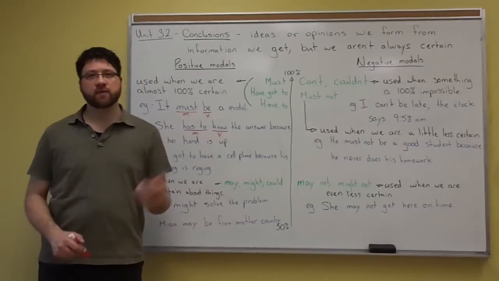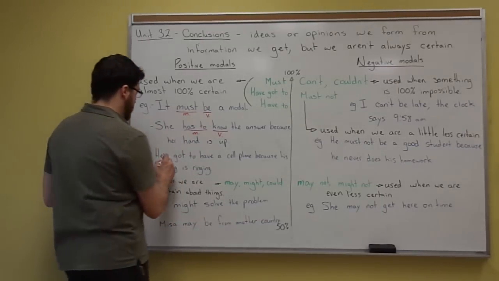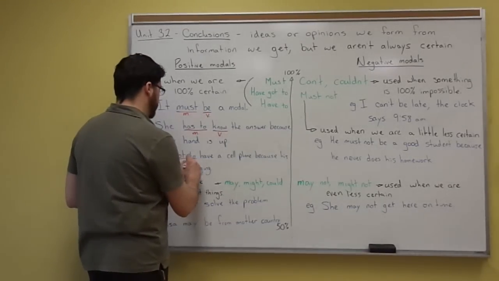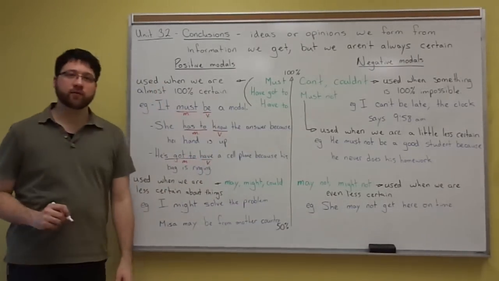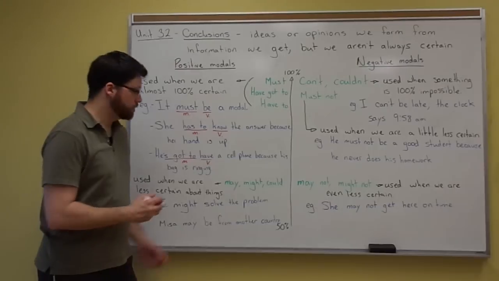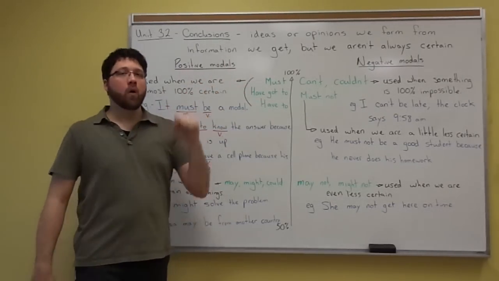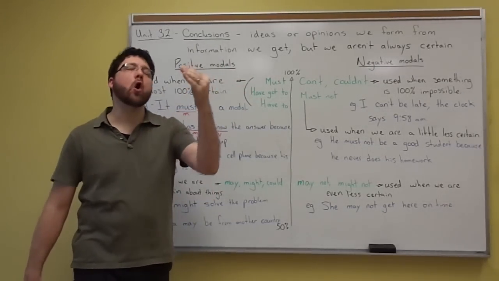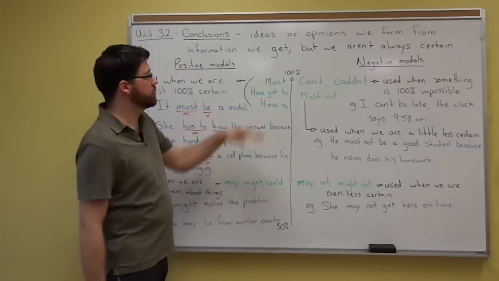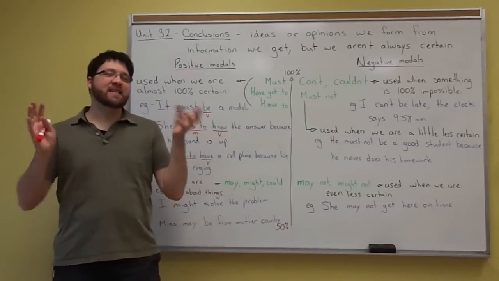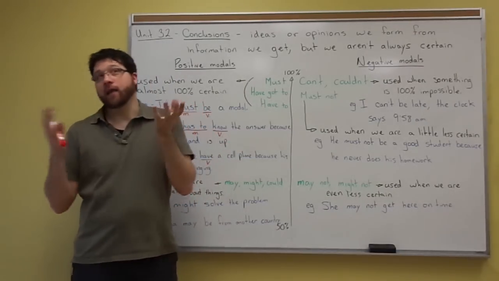He's got to have a cell phone. There's nothing else that rings like a cell phone. Okay. So these three modals are used when we are 100% or almost 100% certain. Maybe 99.99% certain.